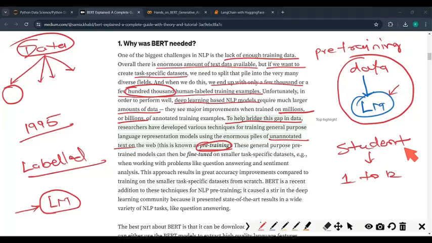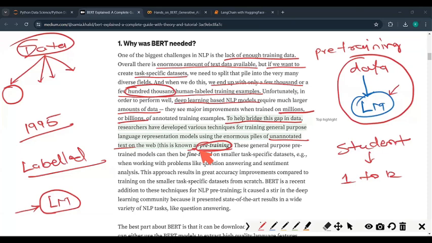So think of a student who is much smarter, who is taught something, and when the student looks at something new, he is able to understand what that topic is all about. Whenever we see pre-training, think of that pre-trained language model as someone who has been trained on general data around the world.